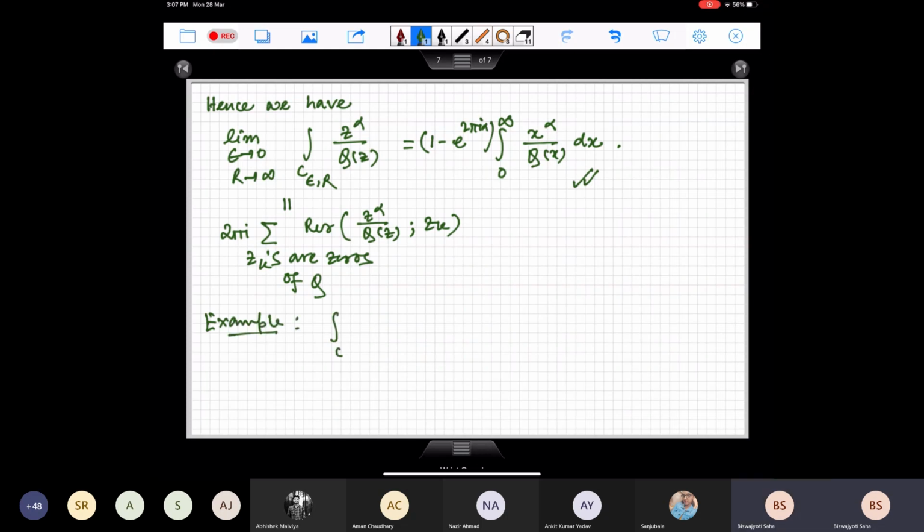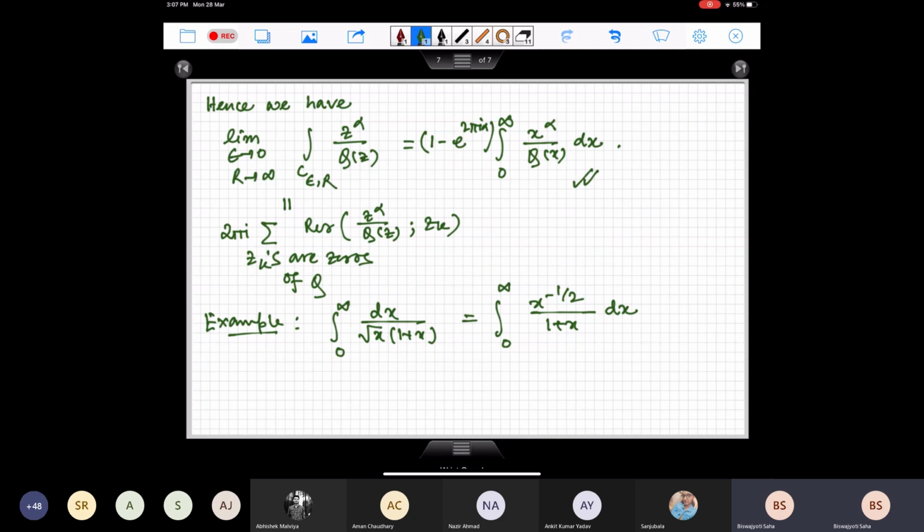So here I have the integral from 0 to infinity of dx upon square root of x times (1 plus x). So that's the integral we want to calculate. So this is the integral from 0 to infinity of x to the power minus half over (1 plus x) dx. So that means you see in the numerator the alpha is minus half, so the integral part is minus 1.